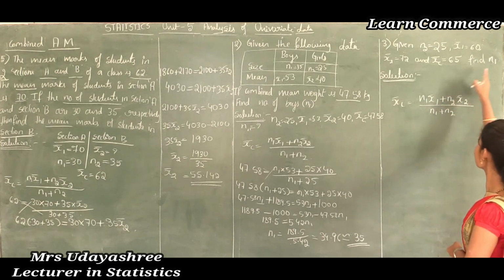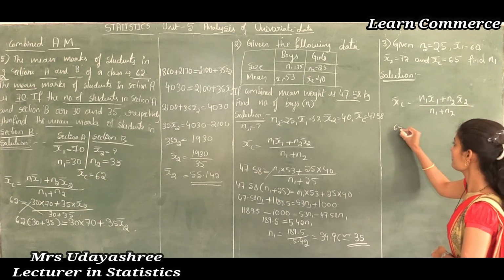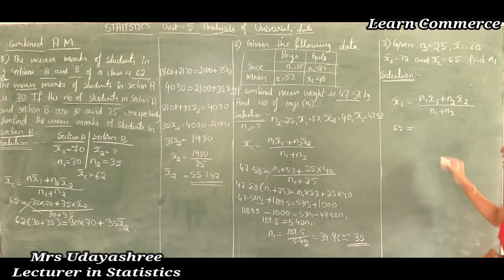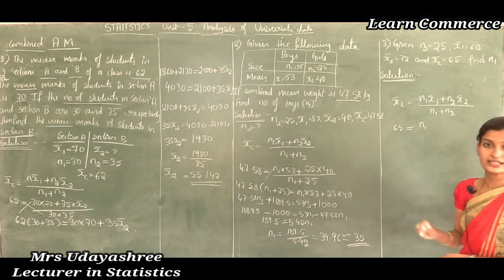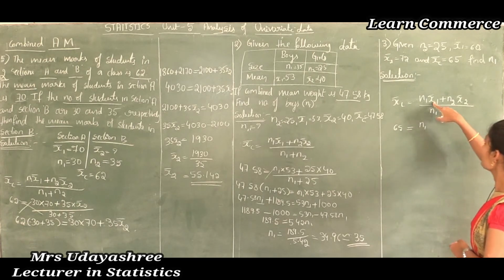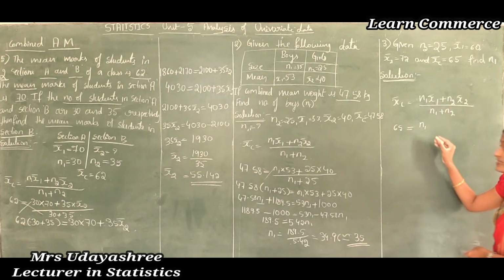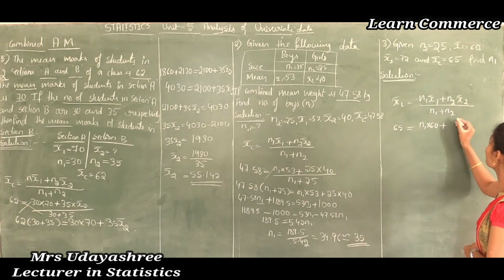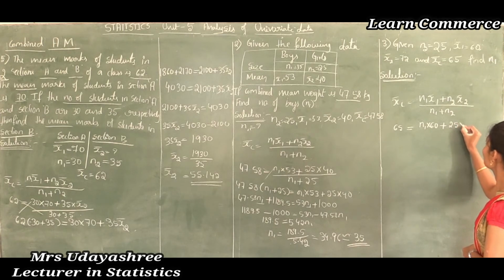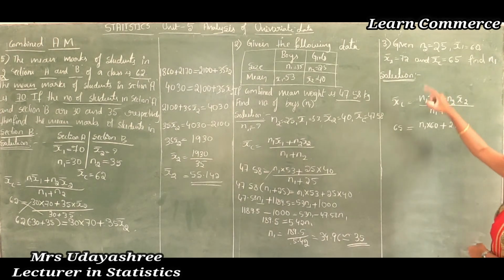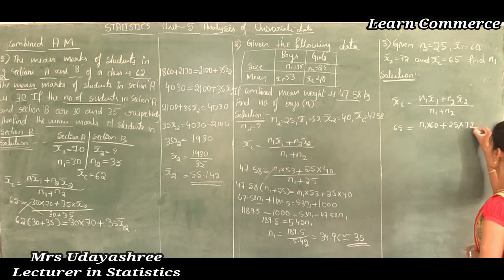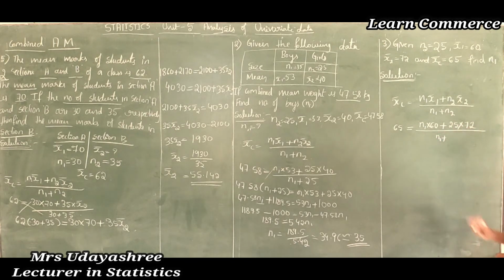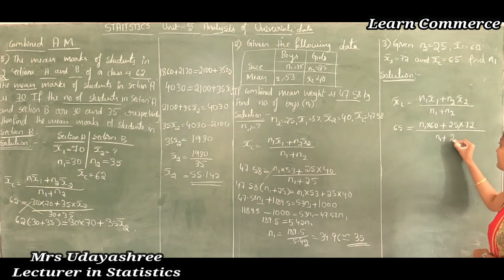So here x bar C is 65. So 65 is equal to N1, which is unknown and we need to calculate, so I will write N1 as it is, into x bar 1, which is 60, plus N2, which is 25, into x bar 2, which is 72, divided by N1 plus N2, where N2 is 25.